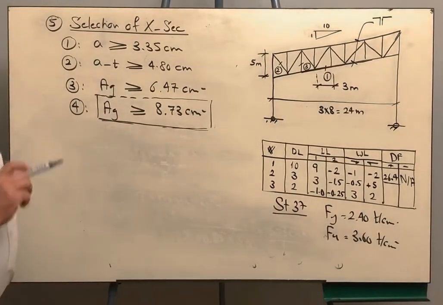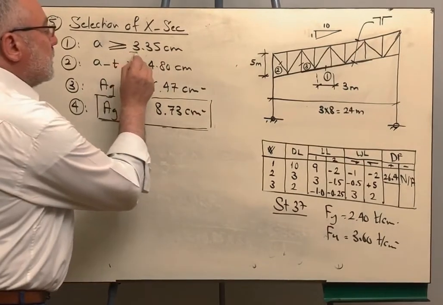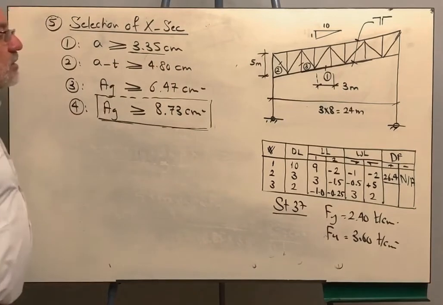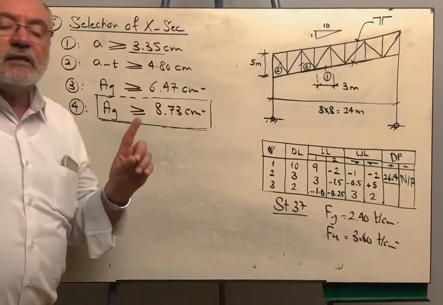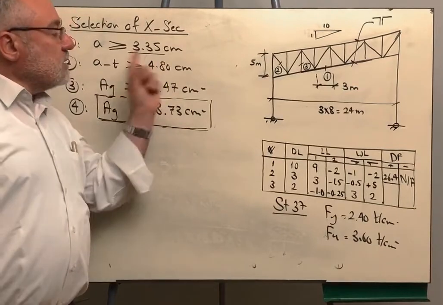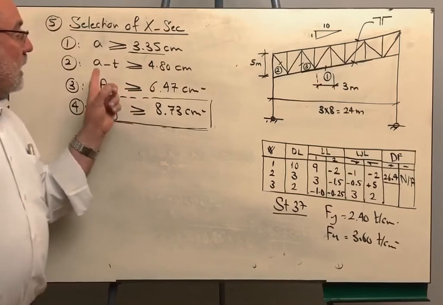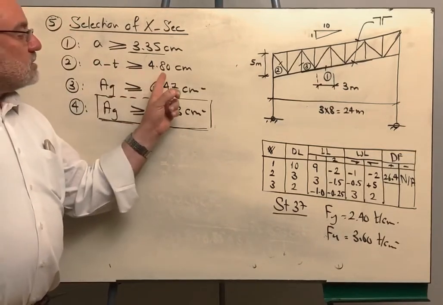Now I want to select an angle from the table such that A is bigger than 3.35. You will find that the first angle in the table, 45 by 45 by 5, is satisfying this condition because A is 4.5 centimeter. And A minus T should not be less than 4.8.